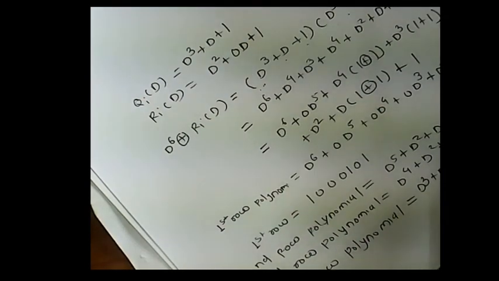So we can get the systematic generator matrix. We can write the above polynomials in binary format.